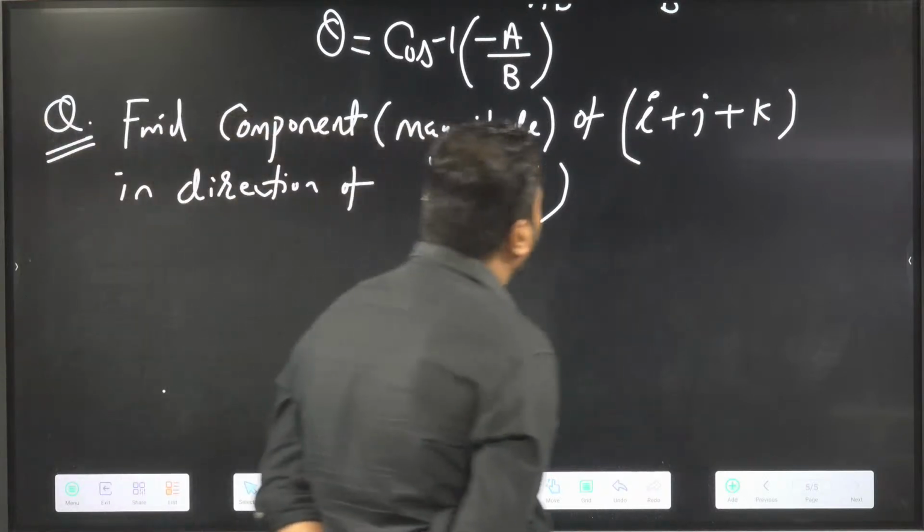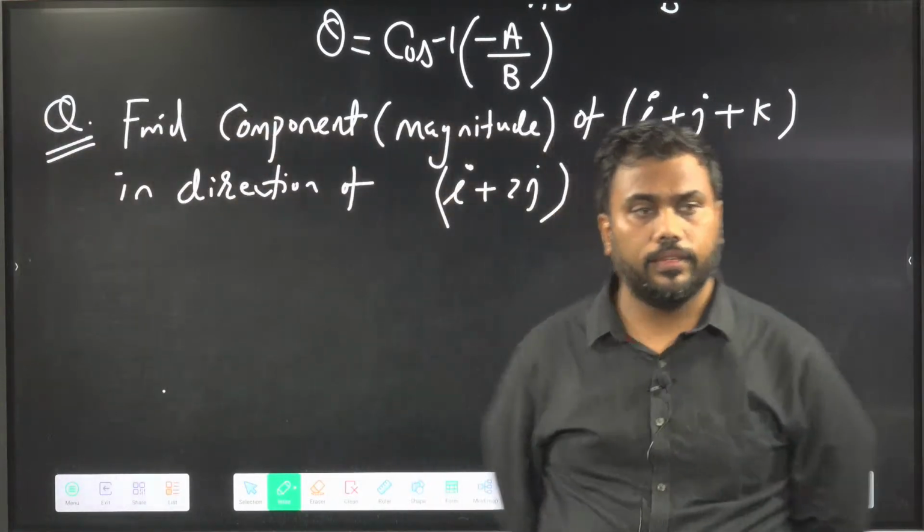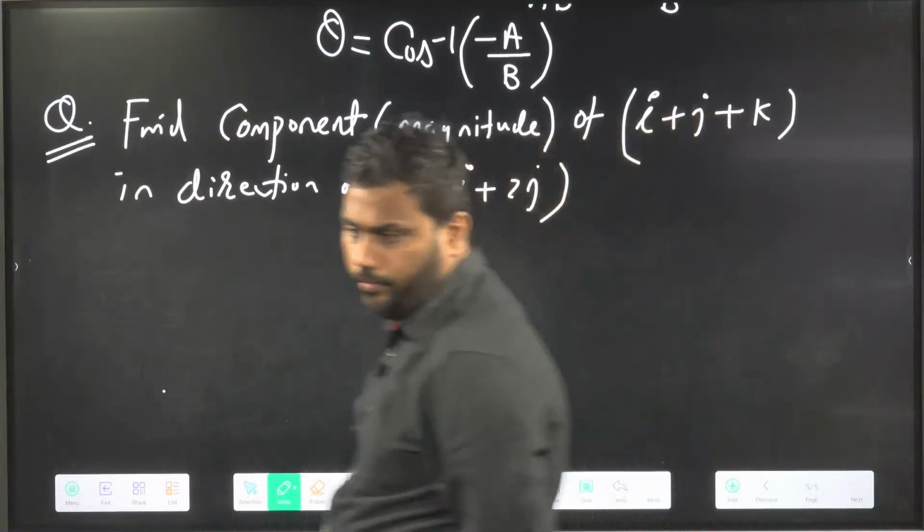Find component of i plus j plus k in the direction of i plus 2j.